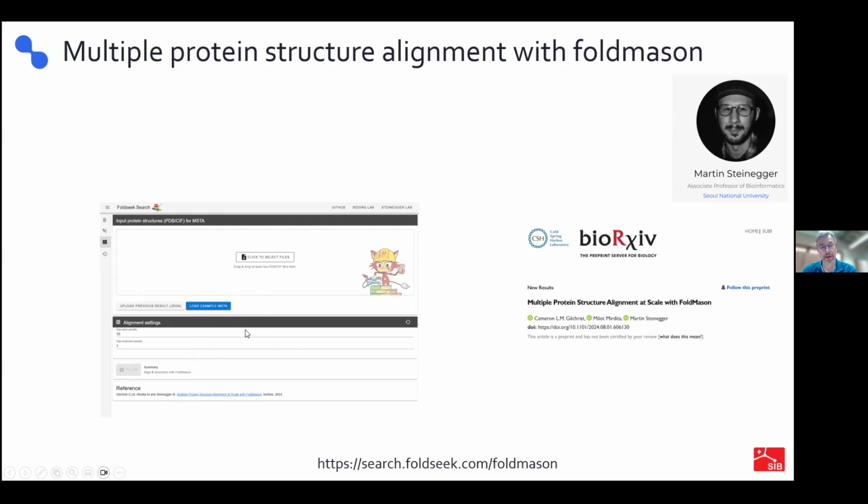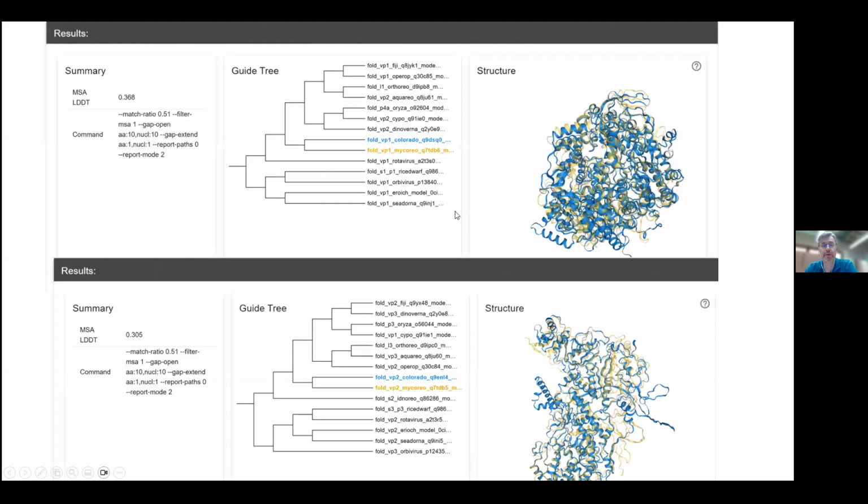It's really a one-click button, but you will see that this is a field with much research by Martin Steinegger and others. So already I could make a tree of this RNA-dependent RNA polymerase for reoviruses, the one I figured out.